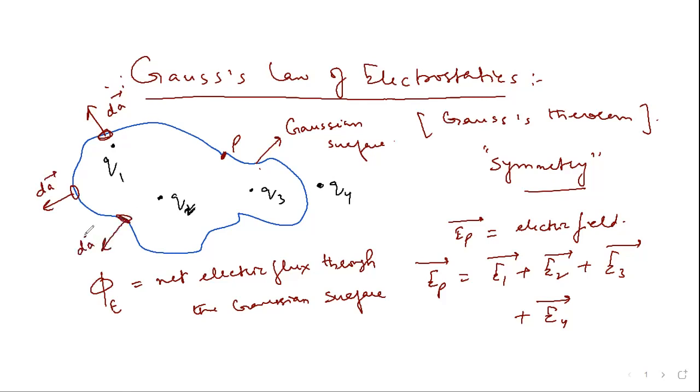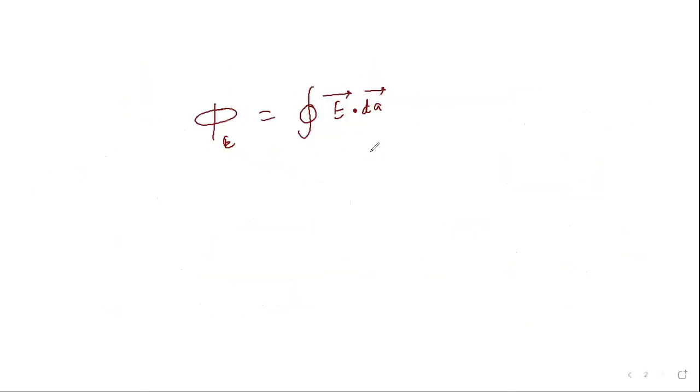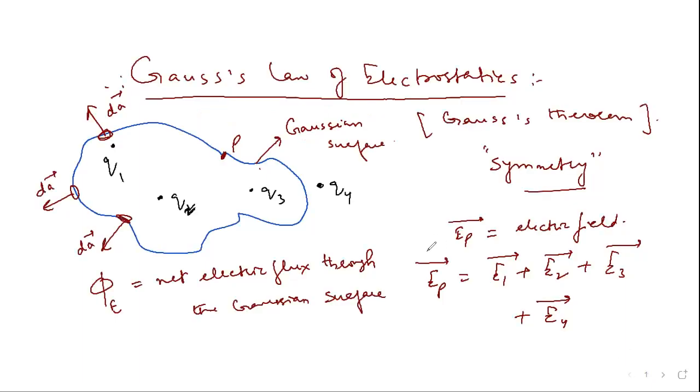So every piece of area vector is to be taken as the outward normal, and it is to be dotted with the electric field there. The electric field here will be dotted with this dA, the electric field here will be dotted with this dA, and so on. Then we add these dot products over the whole closed surface to find this electric flux. Now E here is the net electric field at the location of the area element. That's the net field EP, right?